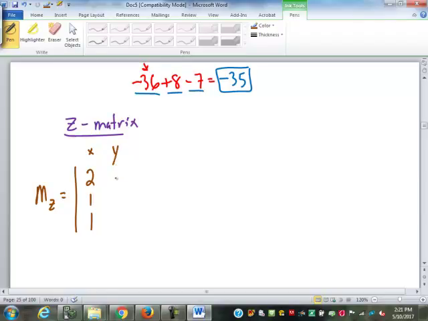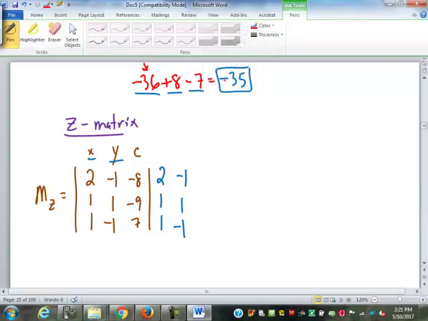We have the Y, so negative 1, positive 1, negative 1. And now we're going to put the constants in where the Z's were. Negative 8, negative 9, and 7. We rewrite the first column, 2, 1, 1. Rewrite the second column, negative 1, 1, negative 1.